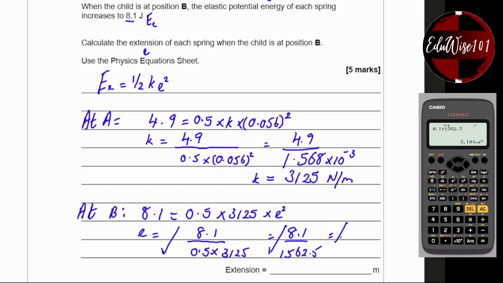That's the square root of 5.184 times 10 to the power minus 3.